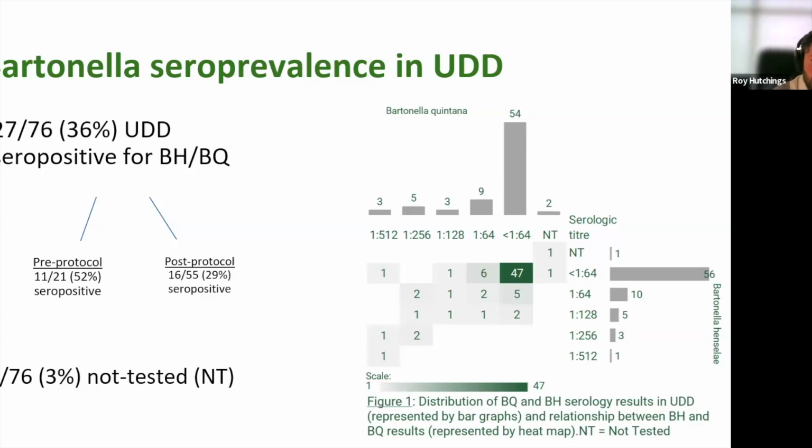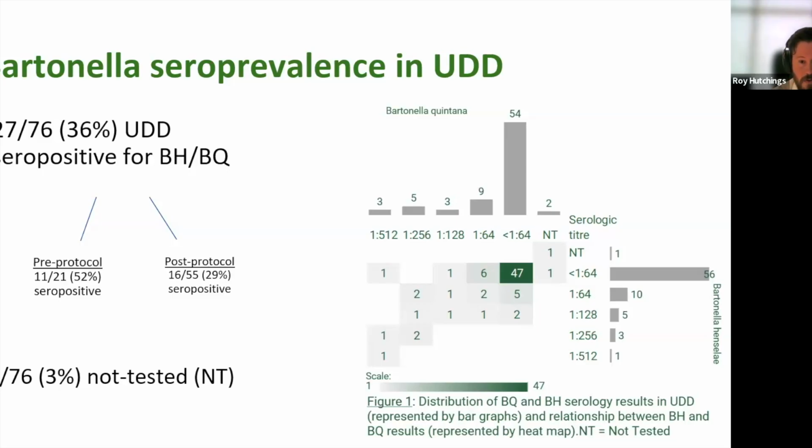On the right, you can see the distribution of those Bartonella henselae and quintana serologic titer results amongst the unhoused deceased donors. The titer distribution is represented by bar graphs with quintana on the top and henselae on the side, and then a heat map in the middle that shows the concordance between the two serologic titers.